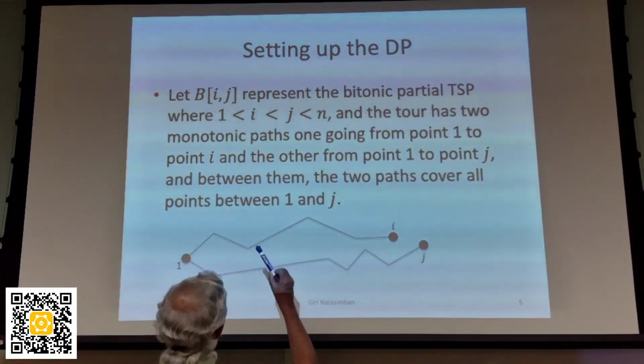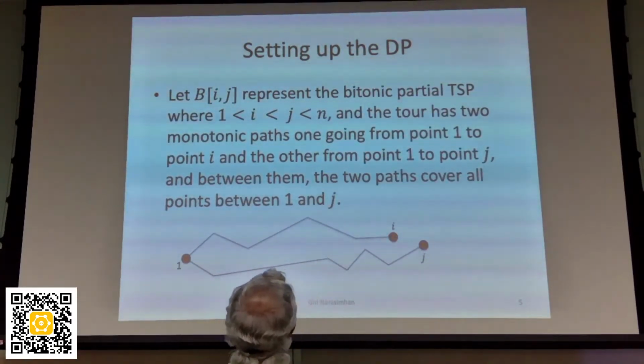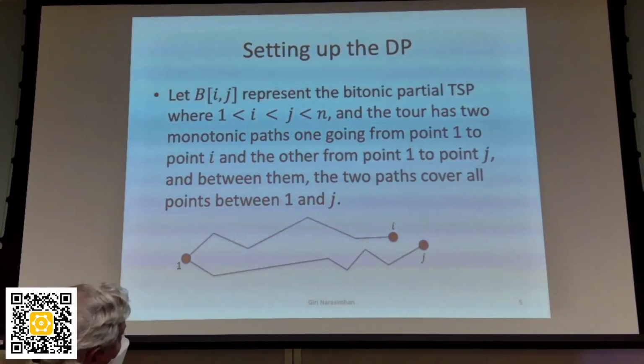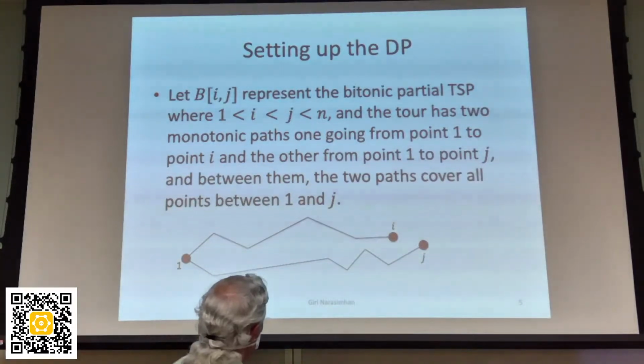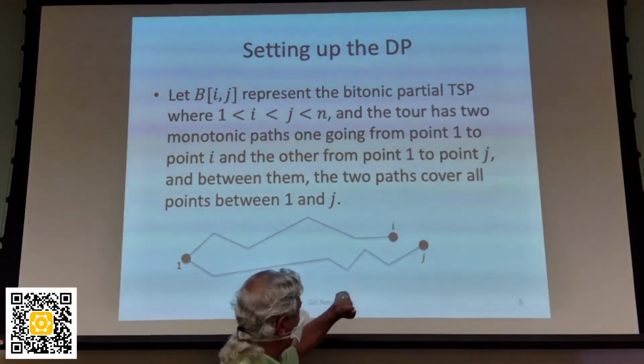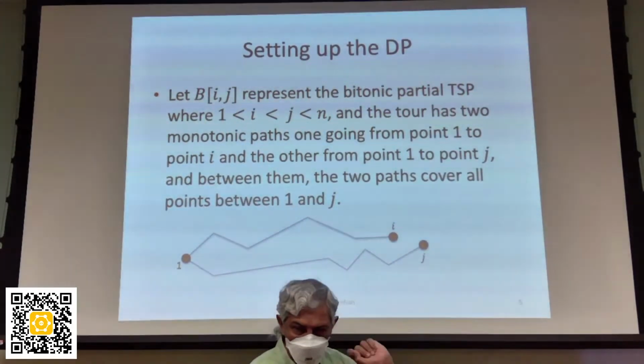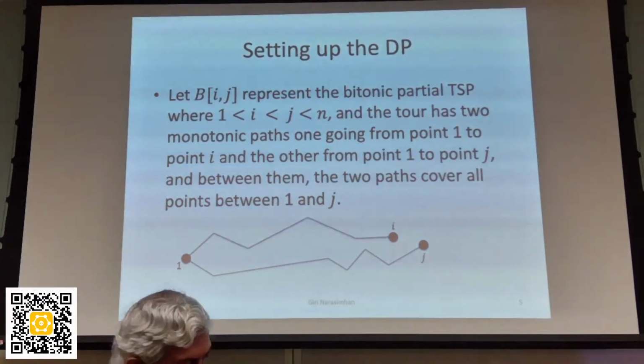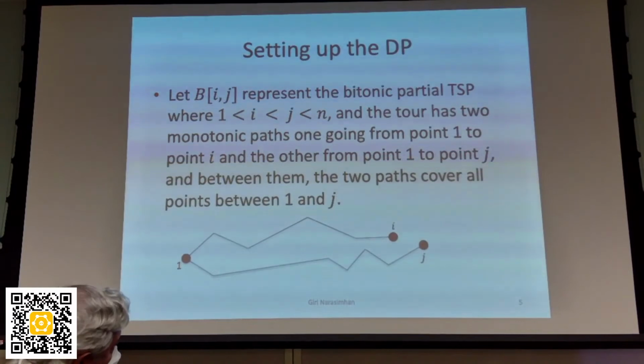So we're going to call B(i,j) the best possible tour. I forgot to add the word best. Yeah, so it's the optimal tour where one of the pieces goes up to i and the other piece goes up to j. So you're building part of the return path as well as part of the forward path.